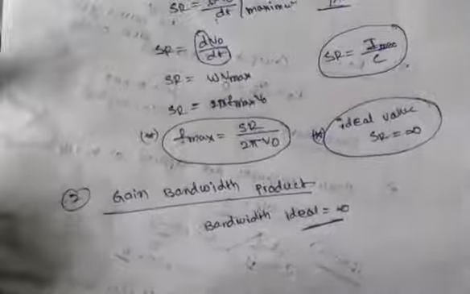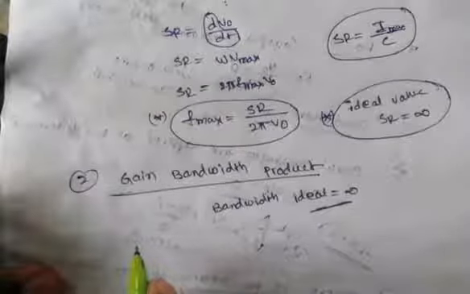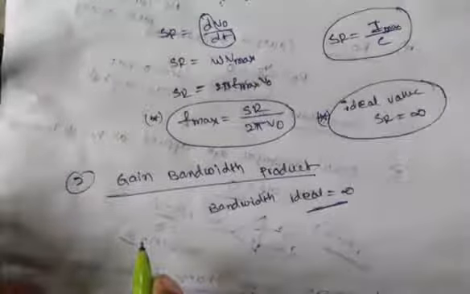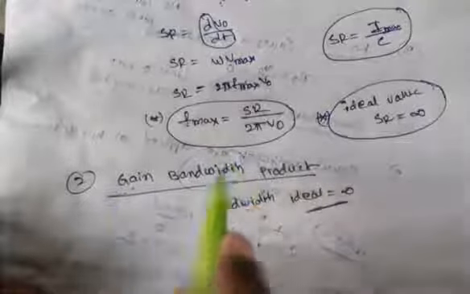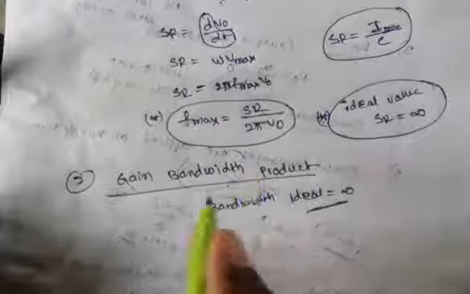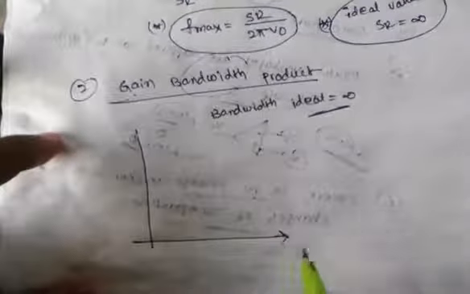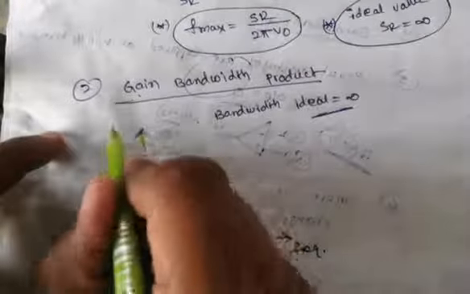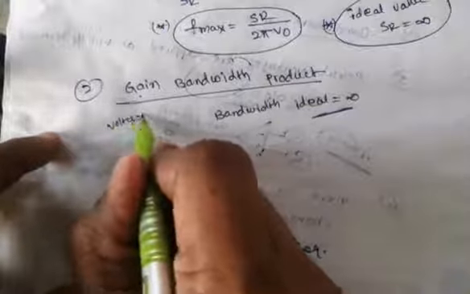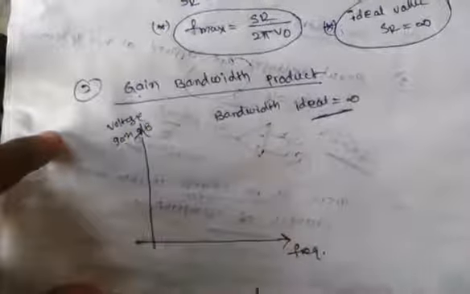The gain bandwidth product is expressed as the bandwidth of our circuit at unity gain. Consider frequency on the x-axis and voltage gain in dB on the y-axis.